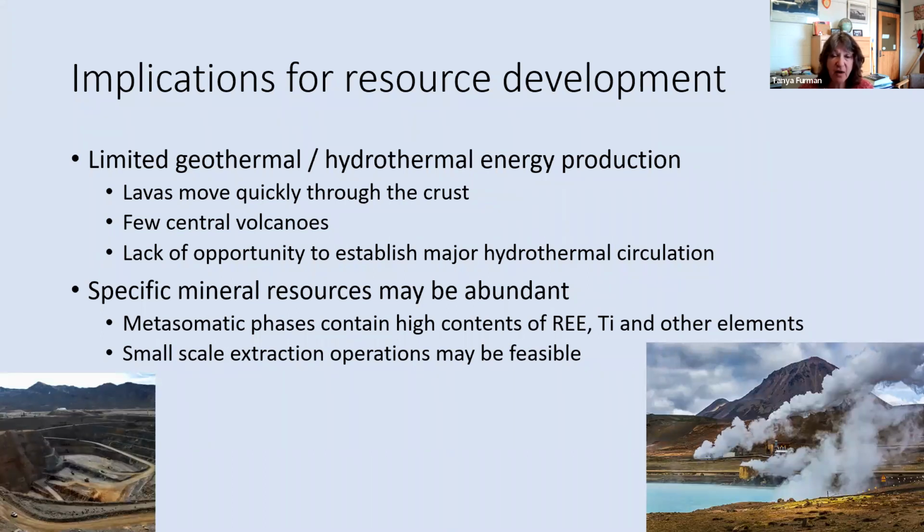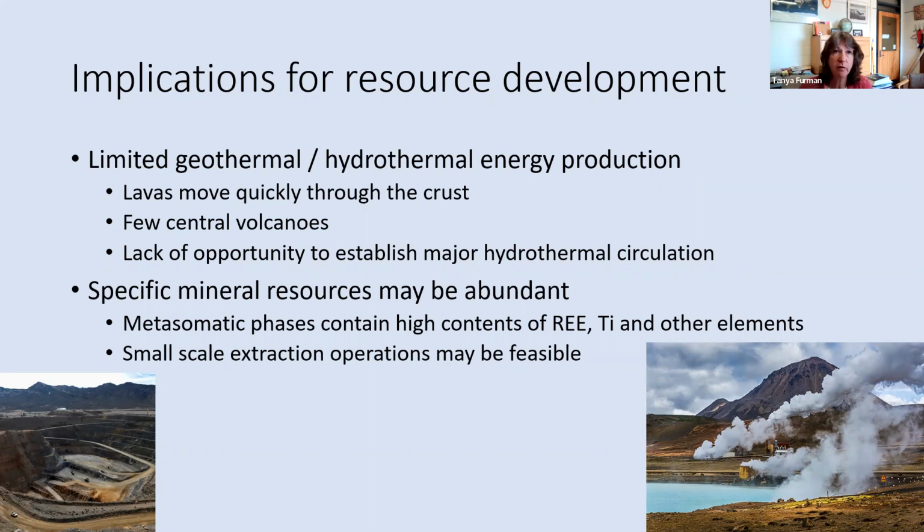Most of your lavas come up rapidly because they are propelled by volatiles. The good thing, the high potential, is that some mineral resources may be abundant because of the metasomatic phases, these weird minerals that we find and the weird chemistry. We know that there are high contents of rare earth elements, high contents of titanium, and some high contents of other elements.